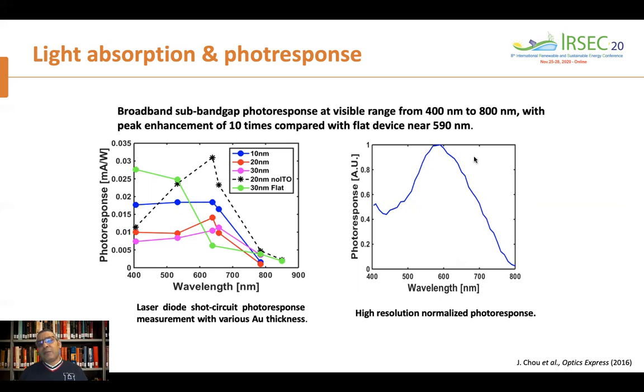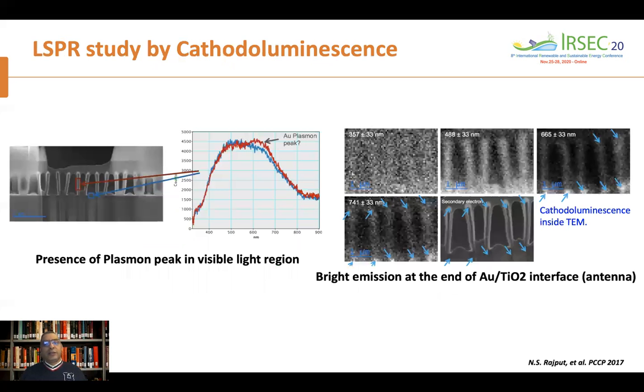We have the maximum at around 600 nanometers, sitting exactly in the visible region of the solar spectrum. This is very interesting. This photoresponse shows how much light will be absorbed to be changed into electrons. So we are able to see that the photo absorption is now extended in the visible region.